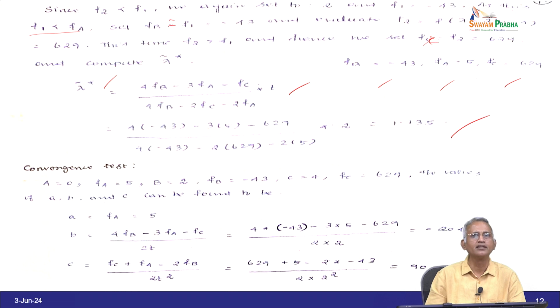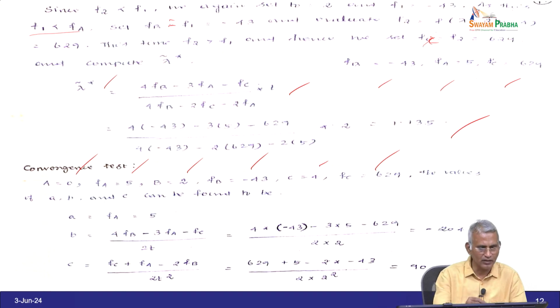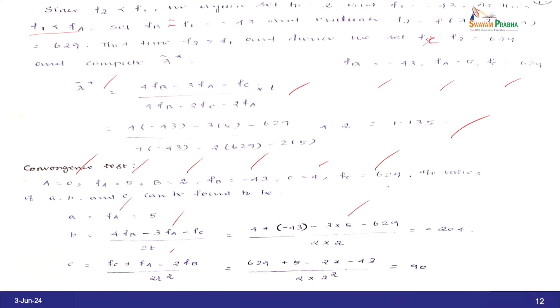Now, we have a convergence test. a equal to 0, f of a is 5, b is 2, fb equal to minus 43, c equal to 4 and fc equal to 629. So, the values of a, b and c can be found to be: a equal to f of a equal to 5, and b by the formula (4fb minus 3fa minus fc) by 2t, and substituting here you get minus 204, that is the b value.